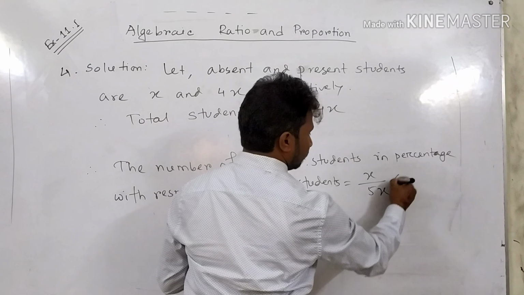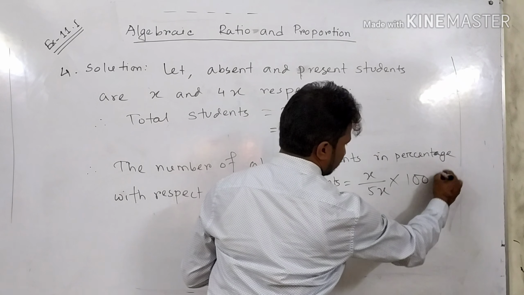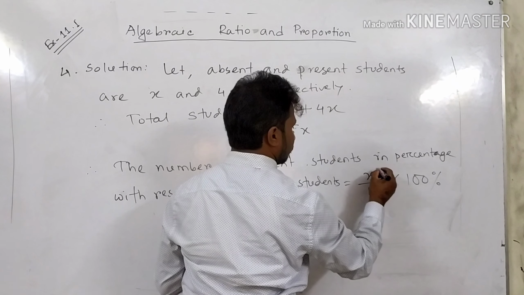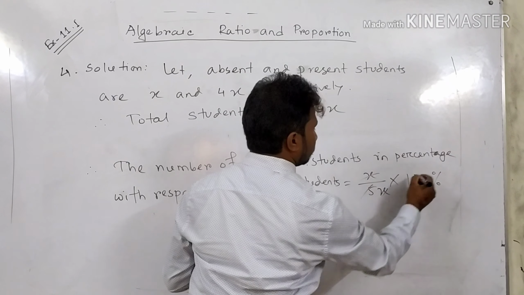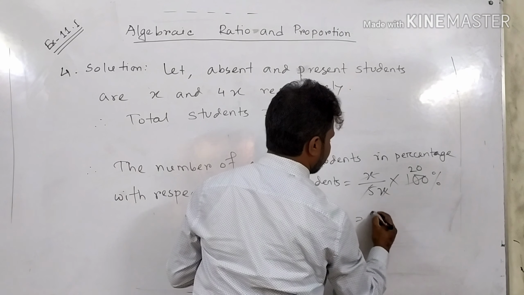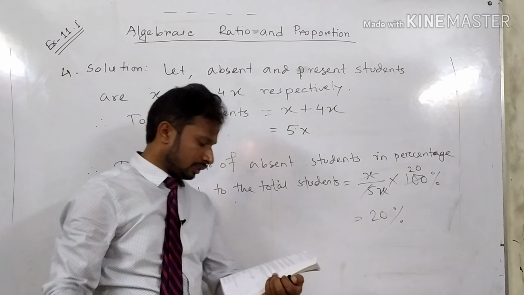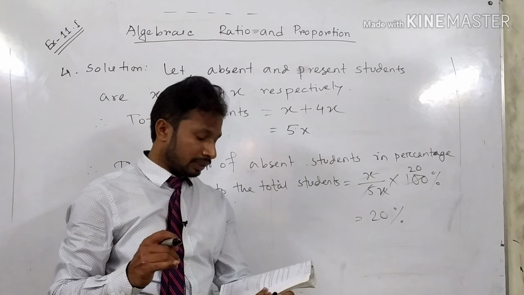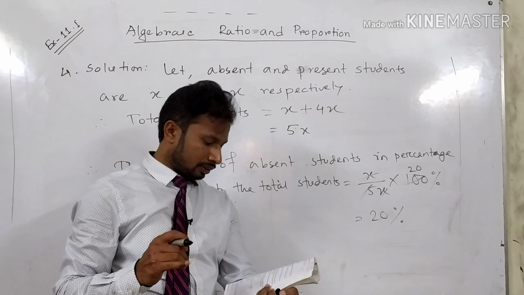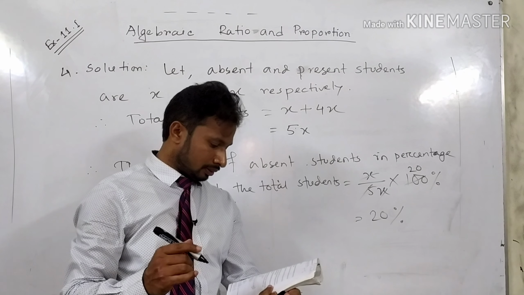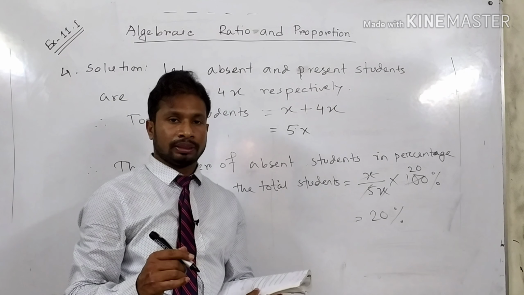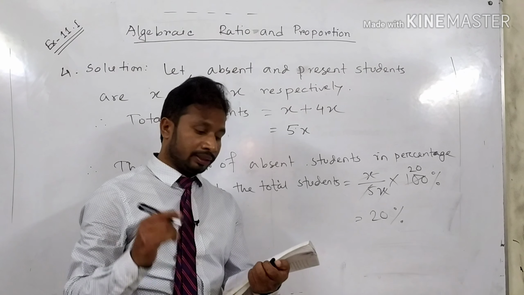X. So in percentage, 100%. X omit or reduce, 5 goes how many times? 20 times, equal to 20%. How many percent? 20% students were absent on that day.